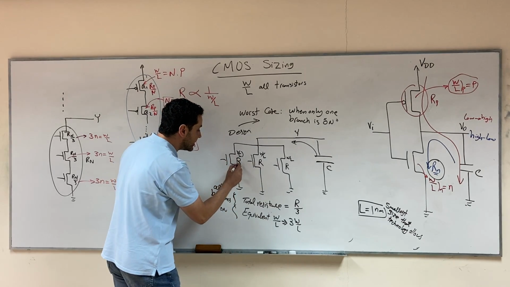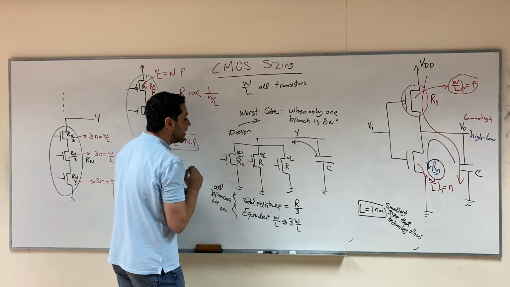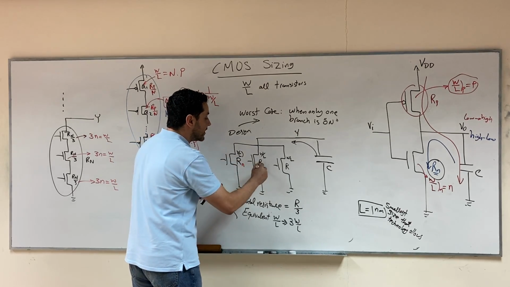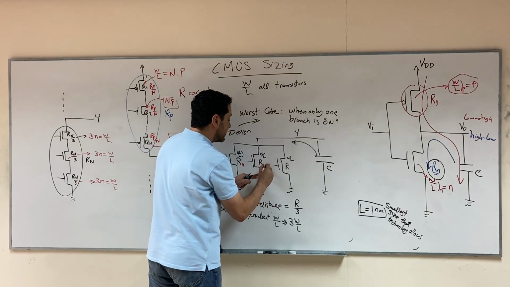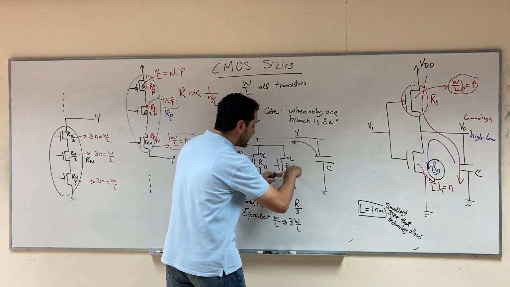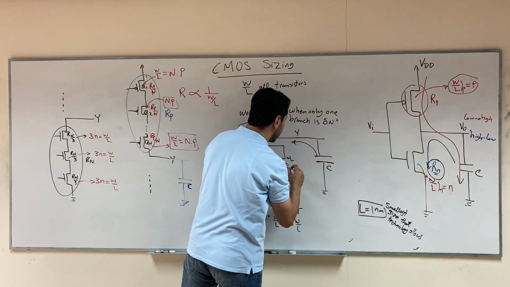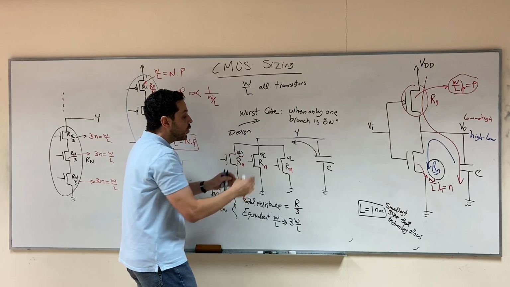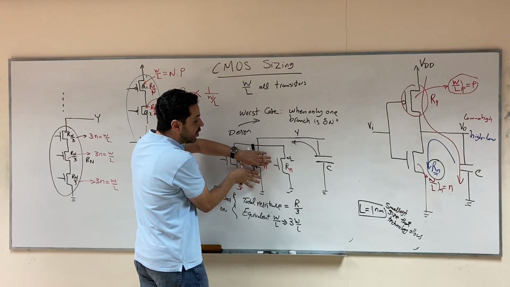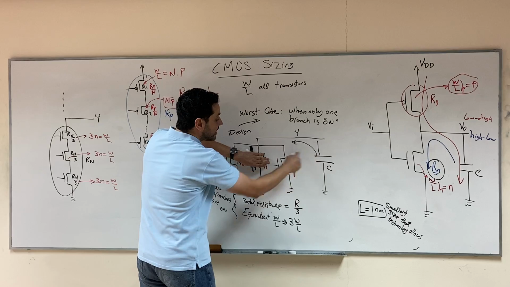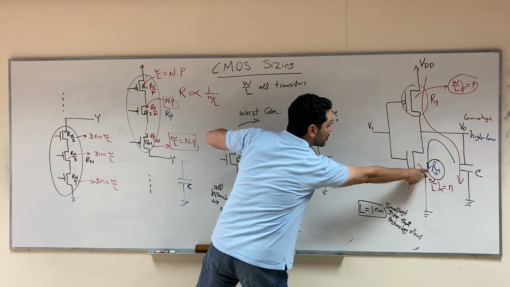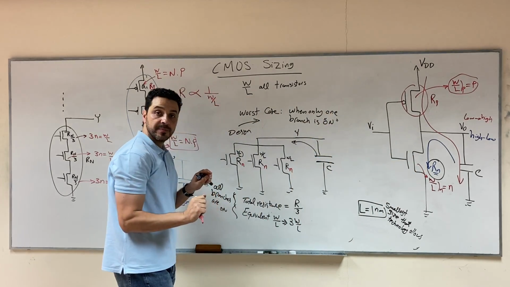So you should design the resistance here to be Rn, the same as the CMOS inverter, so that when any one of them works alone, which is the worst case, the capacitor will see the same resistance that it used to see in the CMOS inverter, right?